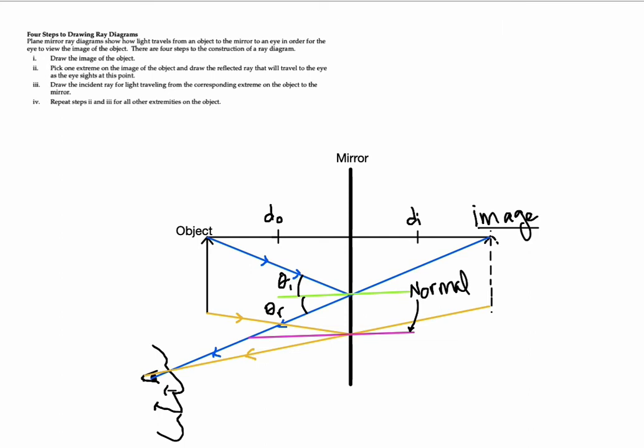Well, this is a perpendicular line to determine the difference between the angles, so we'll call this phi incident, and this is phi reflected. The law of reflection says the incident angle and the reflected angle should be equal.